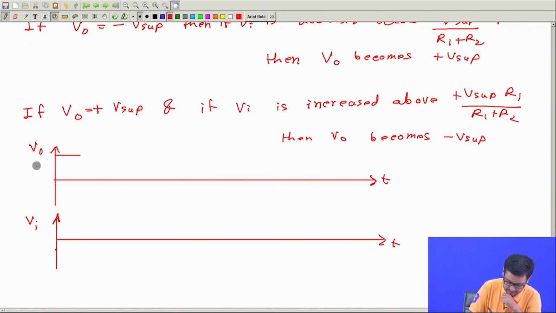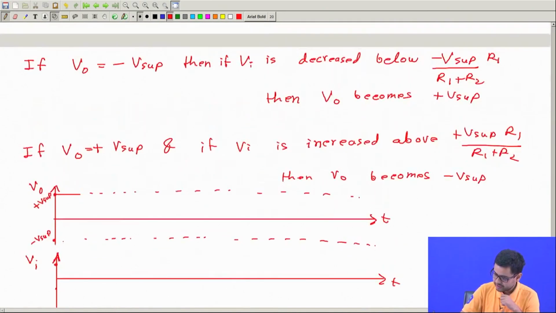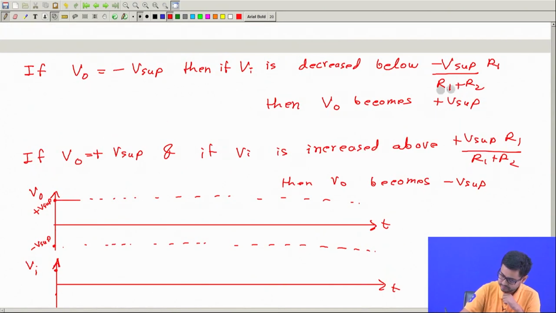This is plus V supply, and this point is minus V supply. Okay, and let's call this point on the Vi line is equal to this.